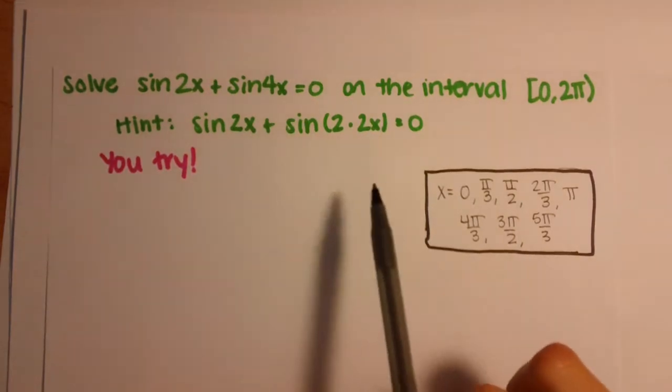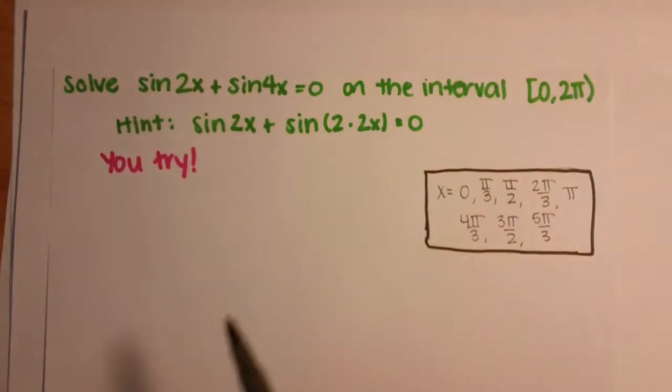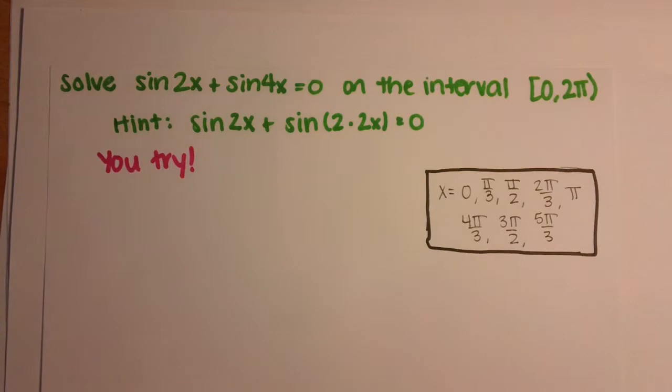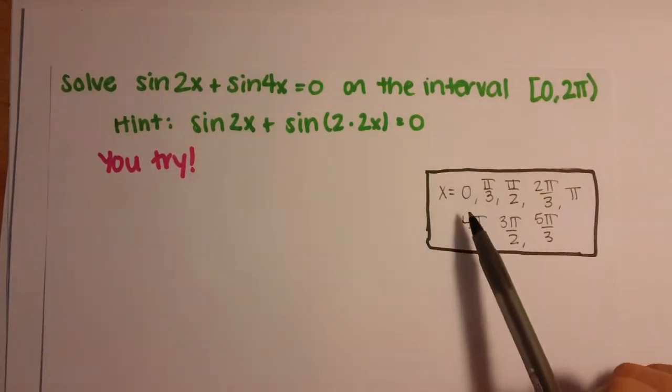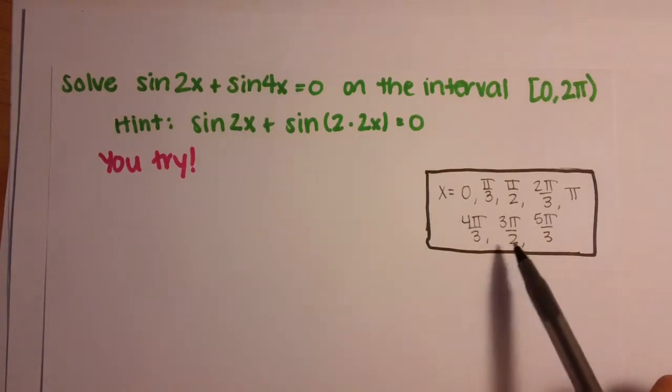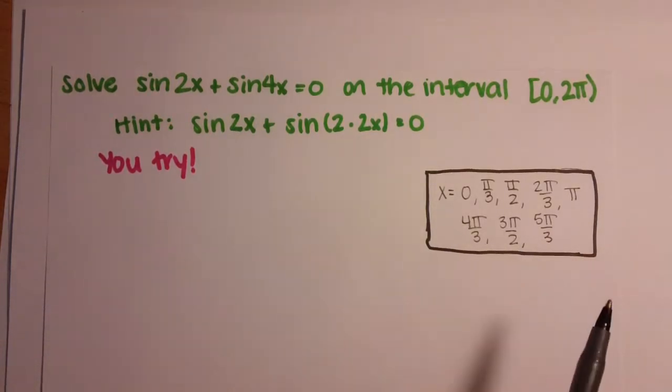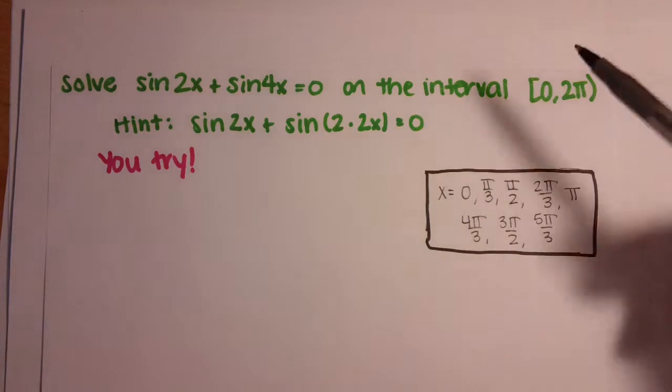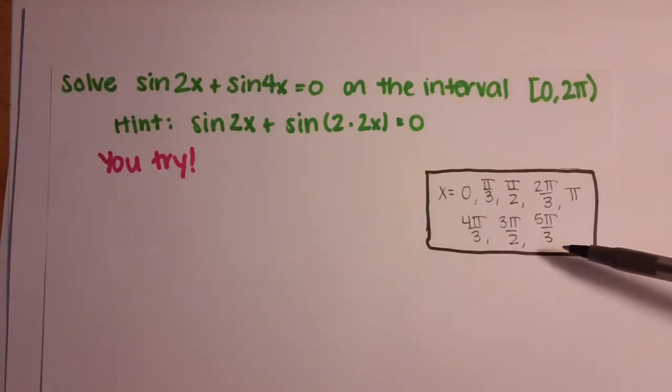You'll use it once here and you'll use it once again. And in the end, you should get 0, pi over 3, pi over 2, 2 pi over 3, pi, 4 pi over 3, 3 pi over 2, and 5 pi over 3. So make sure you can go through this and get these answers, and I will check it tomorrow.